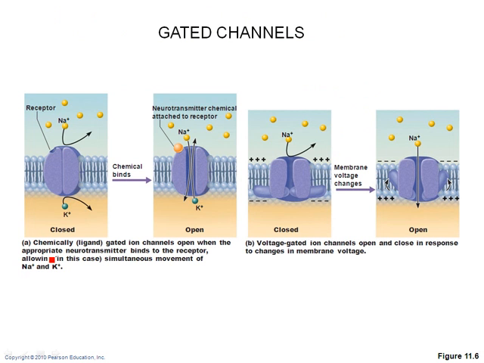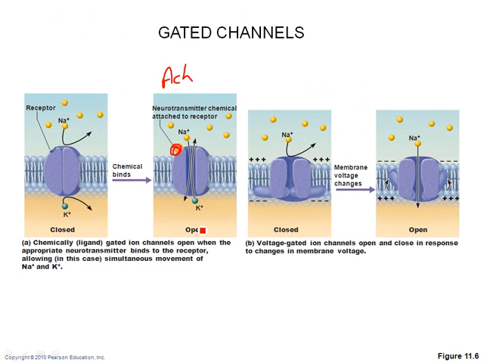All right, just to give yourself a visual on what these look like, here are the different types of gated channels. This one is ligand gated. You see it's closed, nothing's happening, sodium, potassium, there's no movement. Once acetylcholine, in this case the neurotransmitter, binds, that causes a shape change. The channel opens and sodium and potassium can both flow.